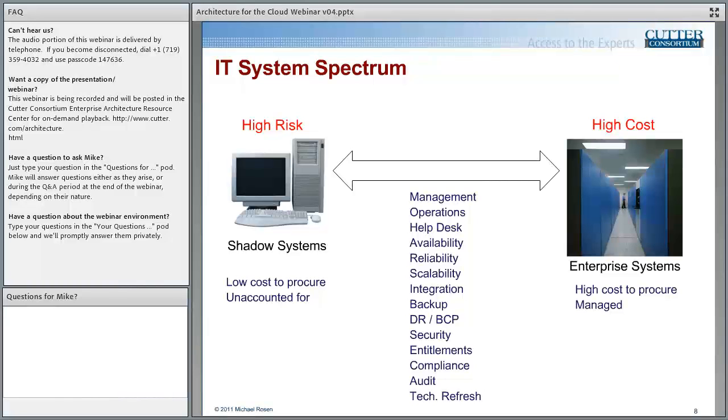Will we have disaster recovery and business continuity planning? What will we know about security? How will it tie into our auditing and compliance? So those are the kinds of issues that, as architects, we want to get in front of and have some guidelines for, so that we can guide the acquisition of cloud services into our enterprise.